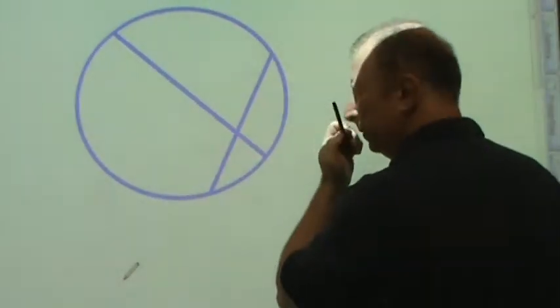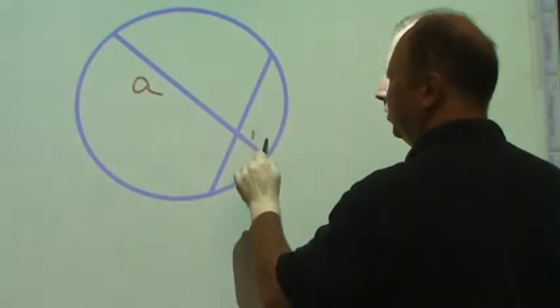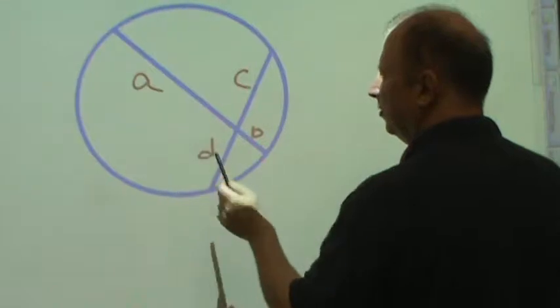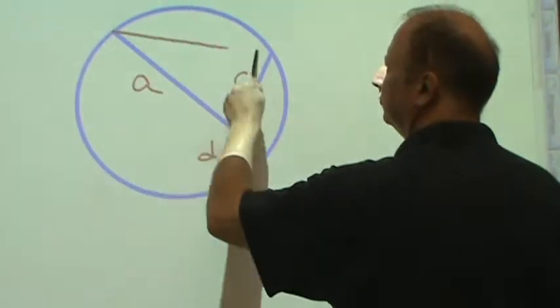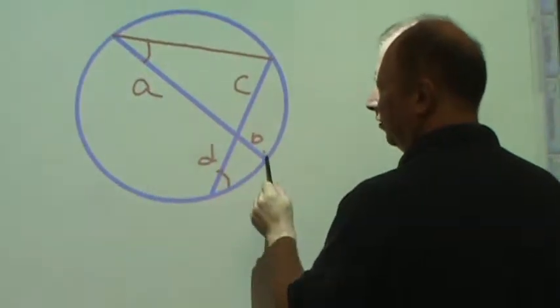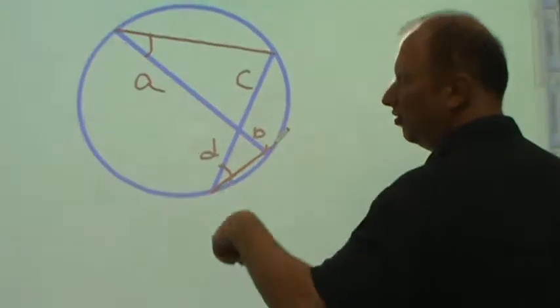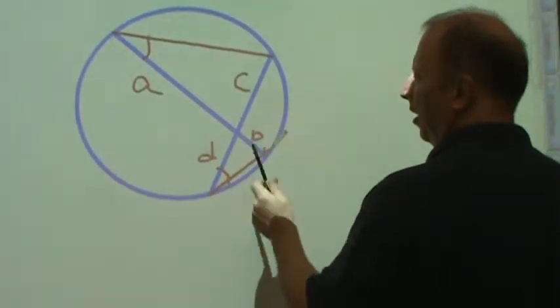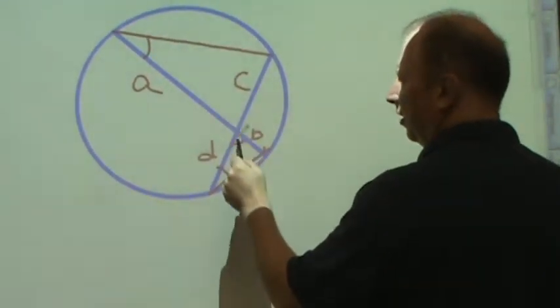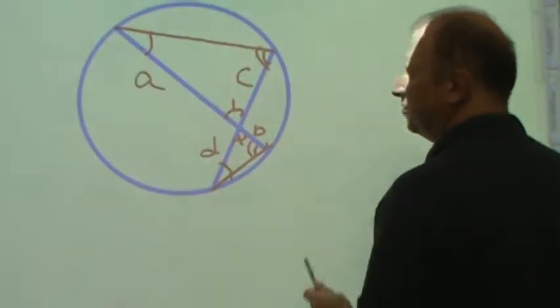A, B, C, D. I'm going to have that and that equal. If you wanted to draw triangles this way also, you can. I'm going to have this and this equal, and this piece and this piece equal.